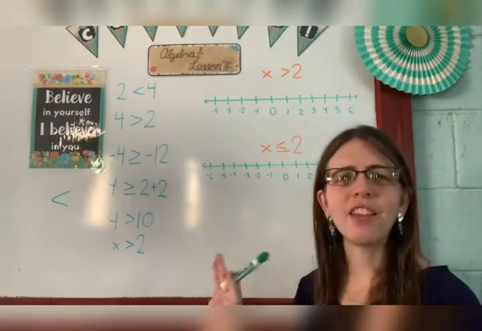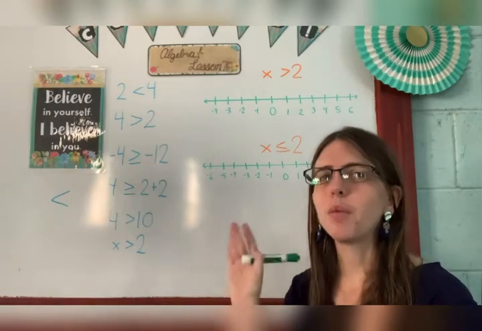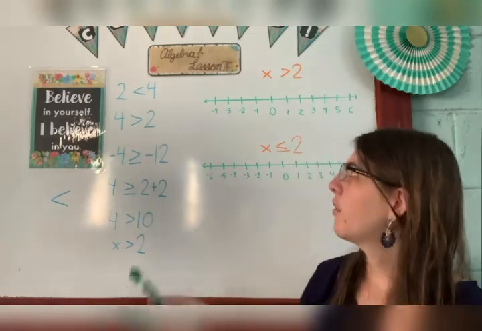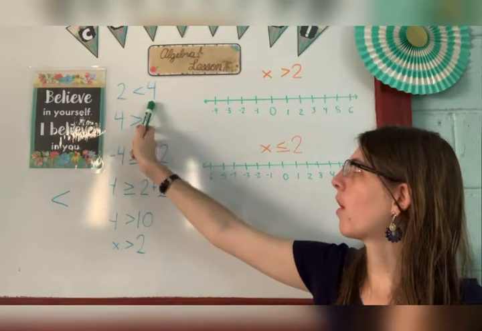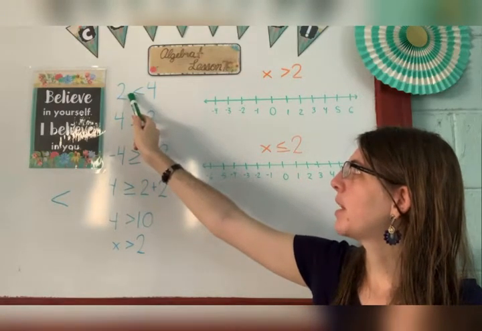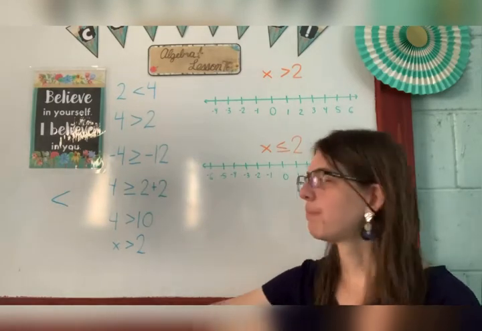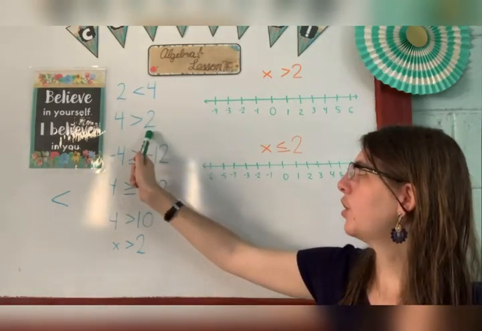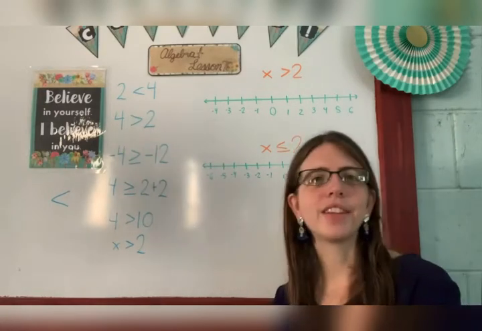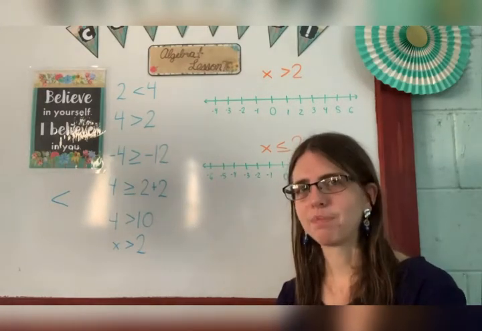You could read it the other way, but there's really no need. So for example, 2 is less than 4. We say less than because we get to the smaller end first. Here I have 4 is greater than 2 because I get to the open end, the bigger end first.